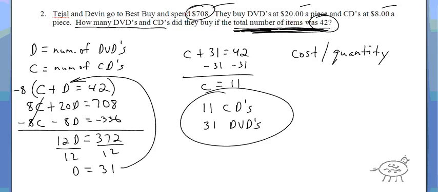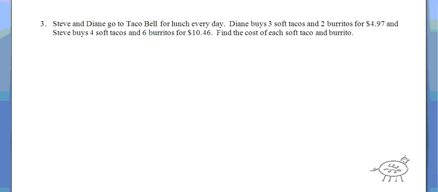Okay, so let's try another example here. Steve and Diane go to Taco Bell for lunch every day. Diane buys 3 soft tacos and 2 burritos for $4.97, and Steve buys 4 tacos and 6 burritos for $10.46. Find the cost of each soft taco and burrito. Well, you can see this is just like the first problem. This one's a cost problem because you have Diane buying tacos and Steve buying tacos, and they give you the number and the quantity.